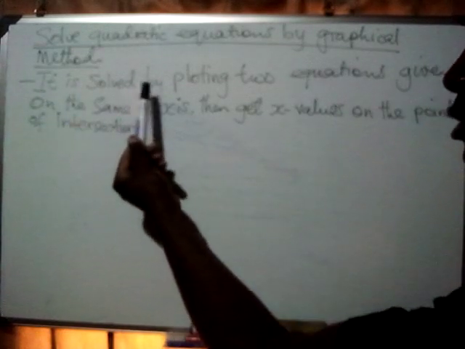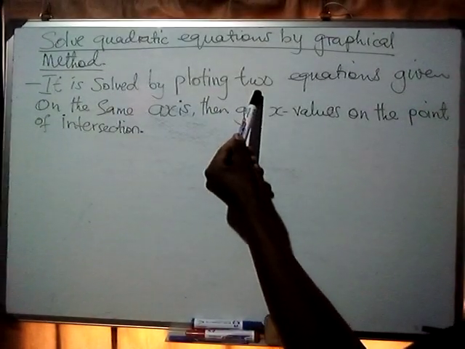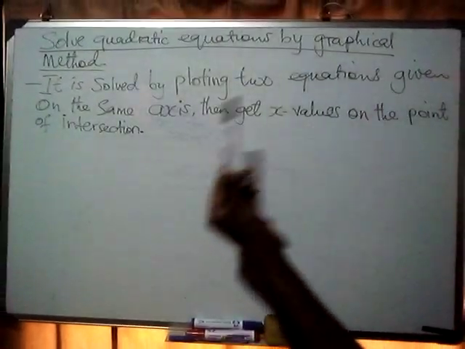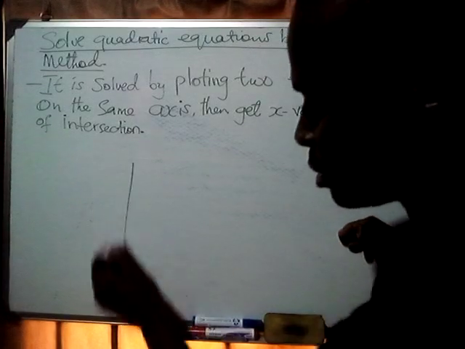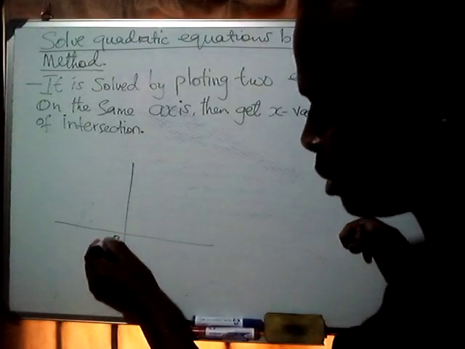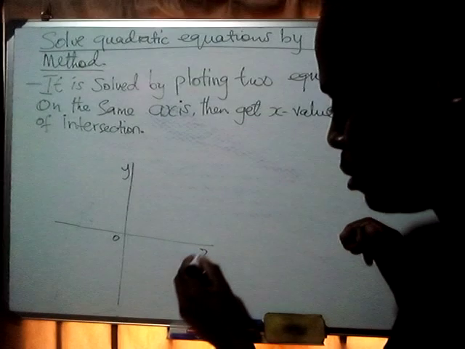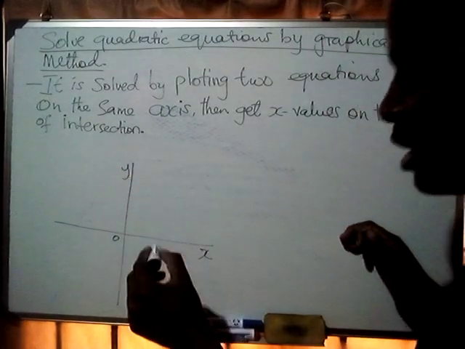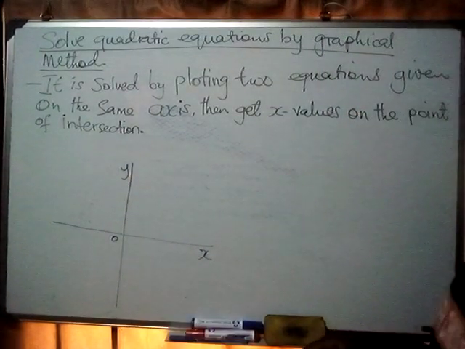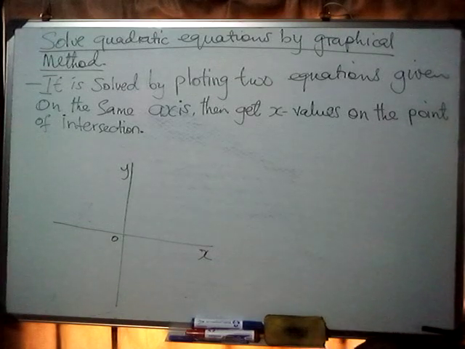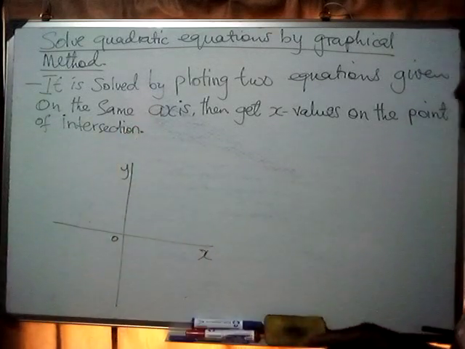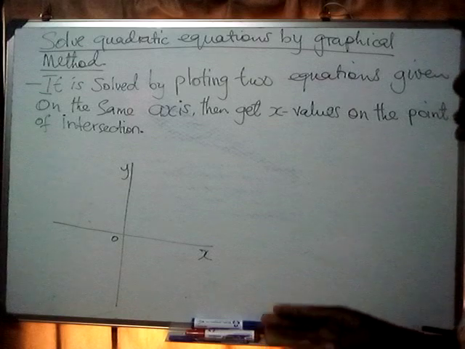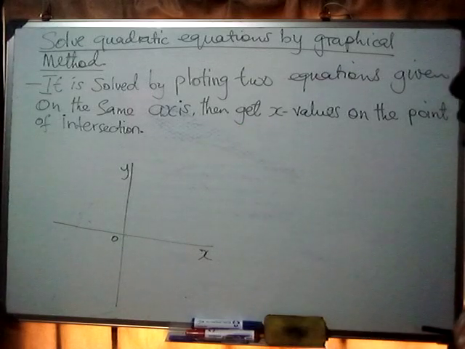It is solved by plotting the two equations given on the same axis, the y-axis and the x-axis. If two or three equations have been given, you plot them on the same axis.